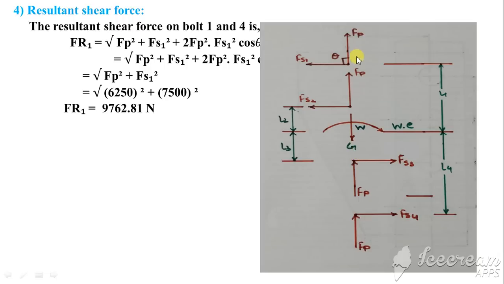Now, as W is at the CG downward, all primary forces at bolts 1, 2, 3, 4 will act vertically upward. So all Fp1, Fp2, which are the same, I am just writing Fp vertically upward, and as the moment created at CG is clockwise, Fs1, Fs2 will be in the opposite direction of that.